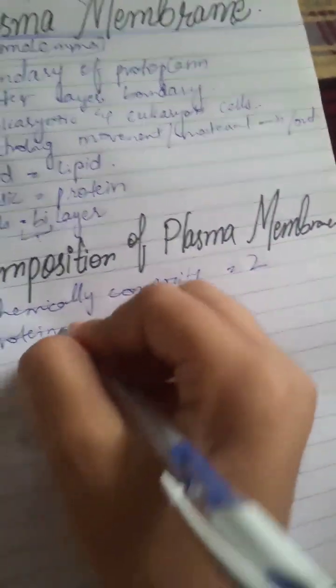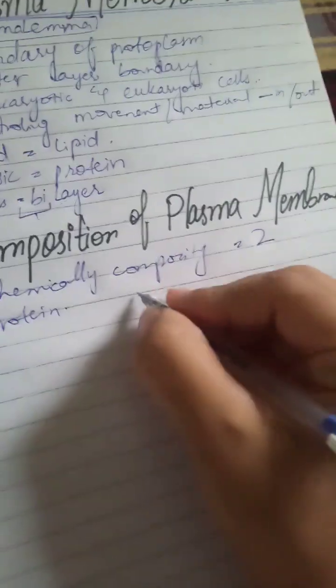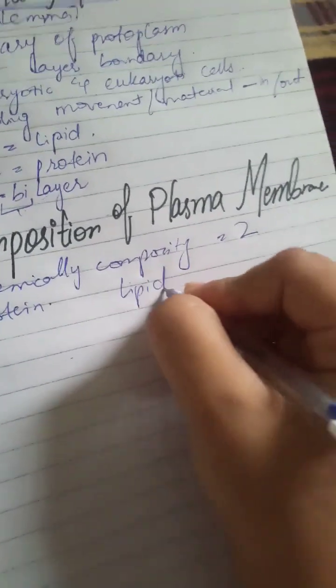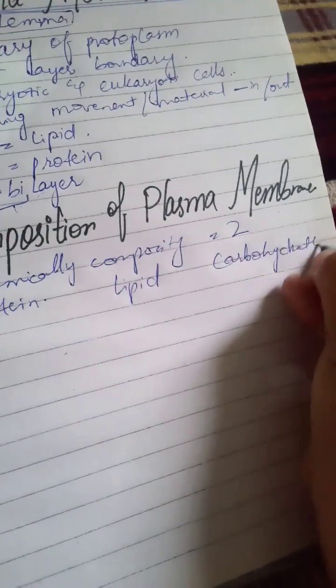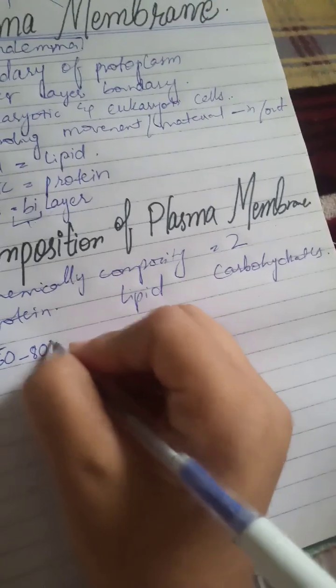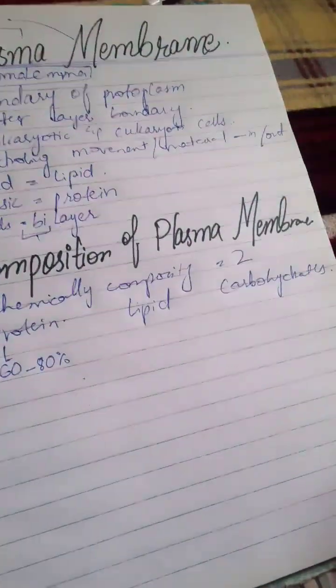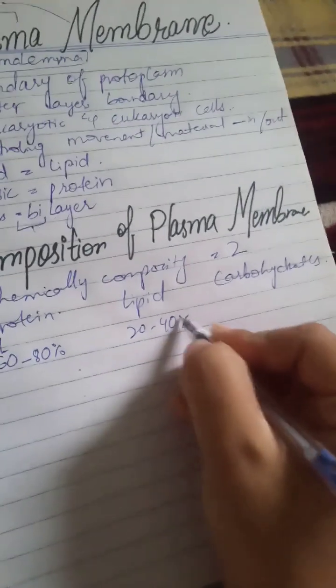So now the question is how much percentage of protein is there, I will tell you, and lipids, and some little amount of carbohydrates as well. So if we talk about the proteins, that are 60 to 80% in the membrane, or if we talk about the lipids, that are 20 to 40%.